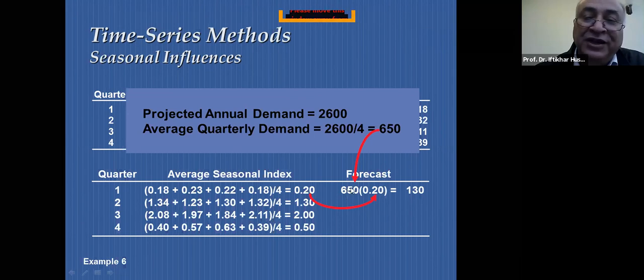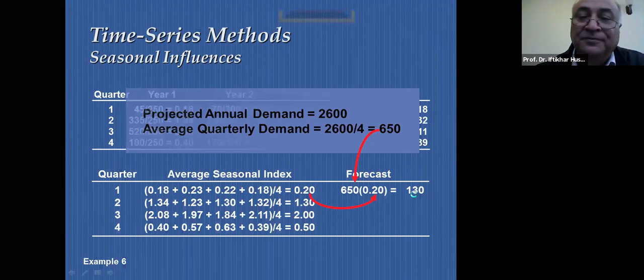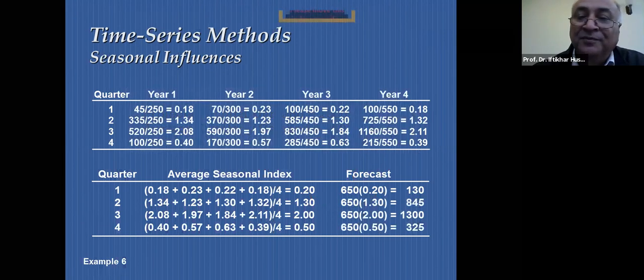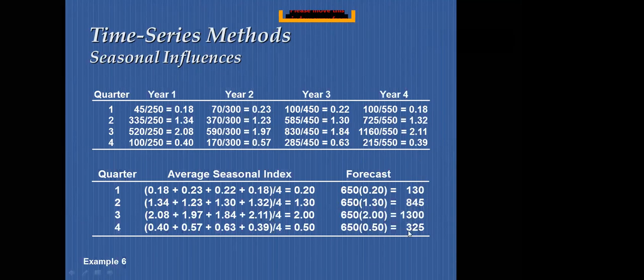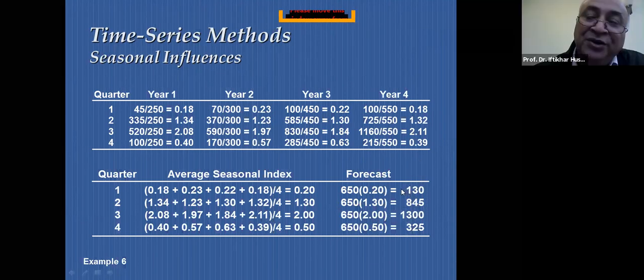So when that quarterly demand 650 is multiplied with 0.20, we get the forecast 130. Similarly, for other quarters, for this quarter 845, for this quarter 1300, for this quarter 325. If you add them all up, this will be 2600. But these are the quantities for every quarter. In each quarter, you have to produce, or you need to meet the quarterly demand of year 5.